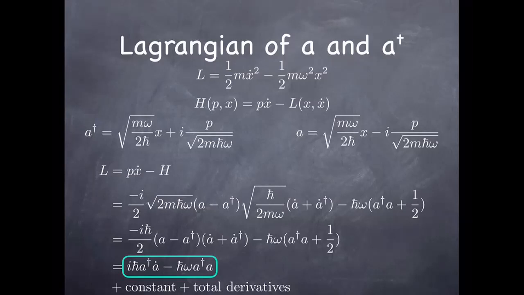So you get that commutation relation right away from this. And also, when you take the Legendre transform starting from this, you take pq dot, which is nothing but this one, minus L to become the Hamiltonian. Then you see this ħωA†A is the Hamiltonian right away.